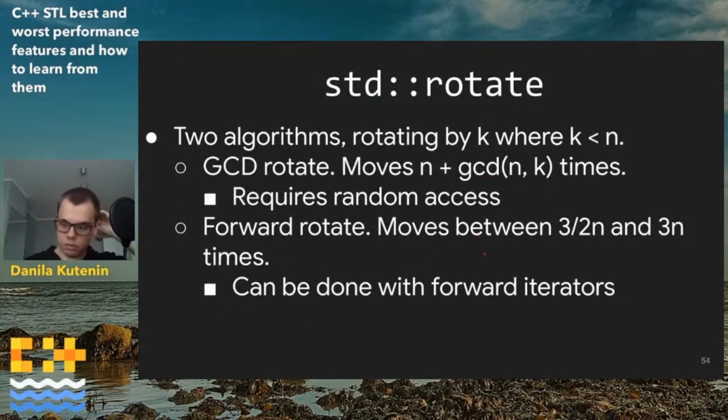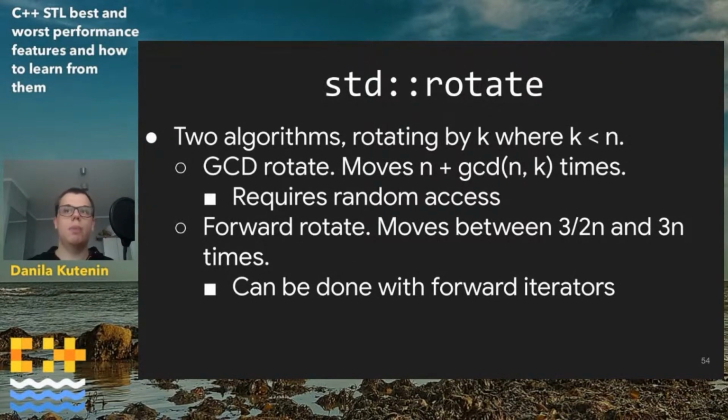Let's see how, for example, standard rotate works. Standard rotate has two algorithms: GCD rotate and forward rotate. GCD rotate, also called the juggling algorithm, splits your range into GCD and K elements and just rotates them around, but it requires random access.